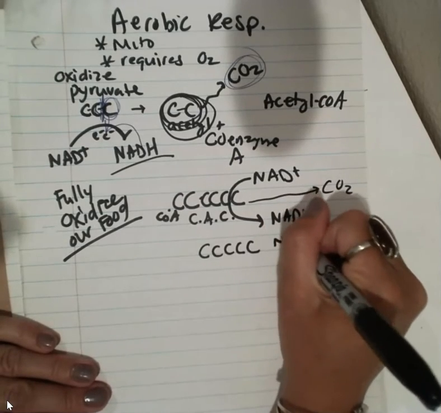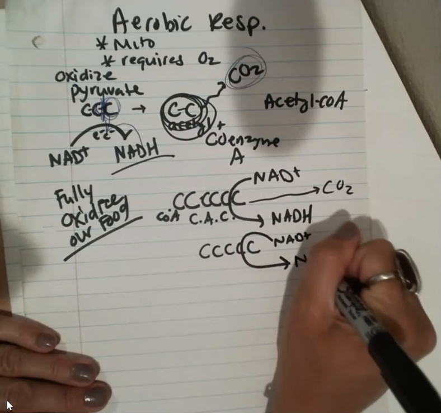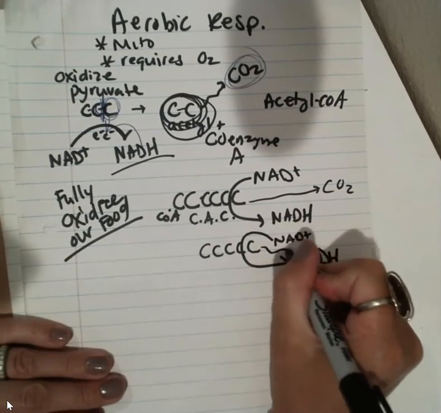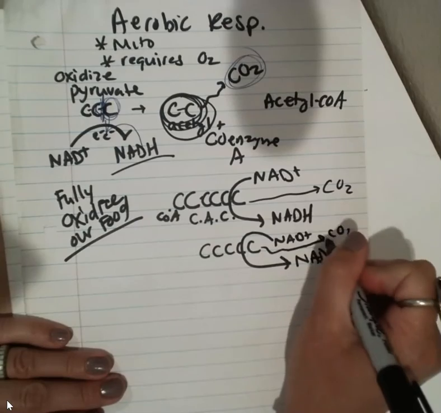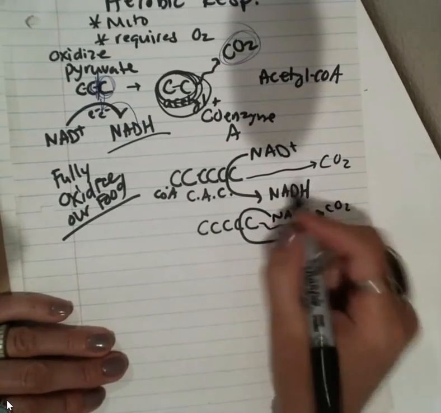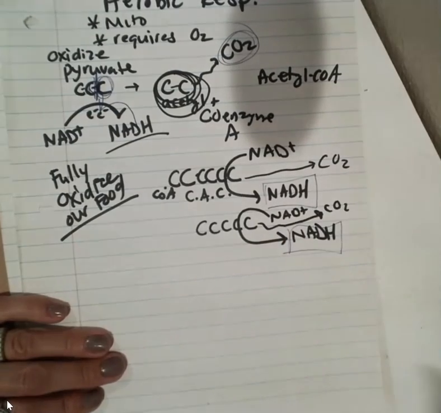And now another electron carrier is going to come in. An enzyme will break the bonds and take the electrons. This carbon will leave as carbon dioxide. Now we have a reduced electron carrier. So we have this NADH, this NADH.